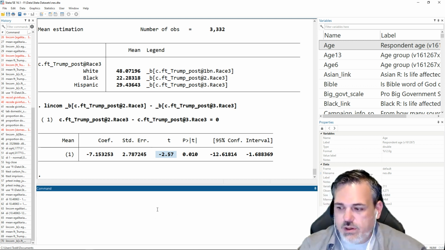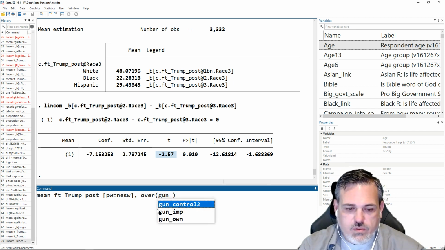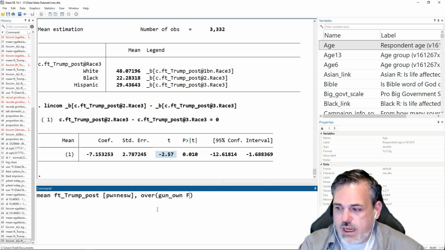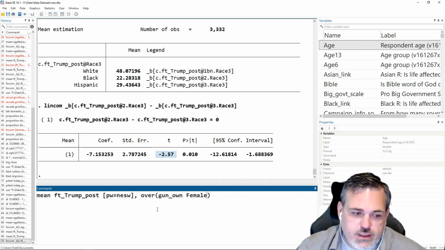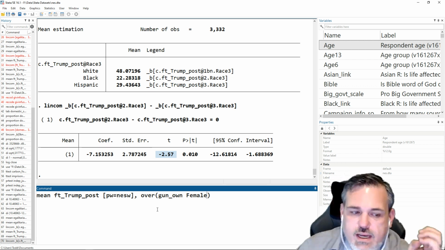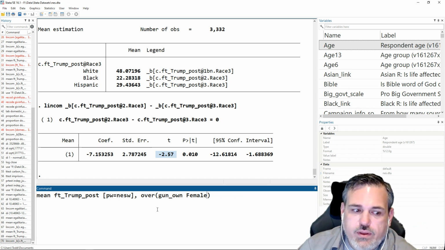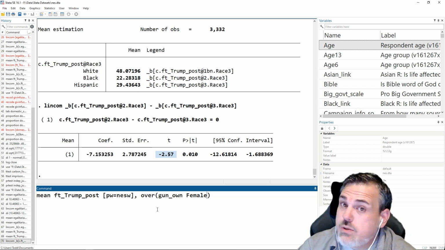So we're going to look at the feeling thermometer towards Trump, but we're going to do it for two different variables. We're going to do it for gun ownership, a simple dichotomous variable, yes or no, and we're going to include gender. So this will give us the mean approval rating for individuals over 4 categories, because we've got 2 dichotomous variables here.